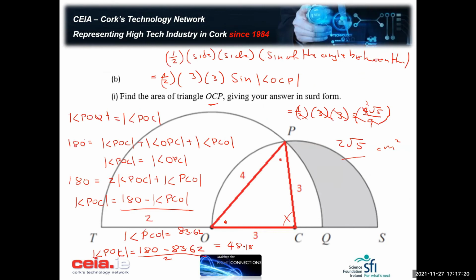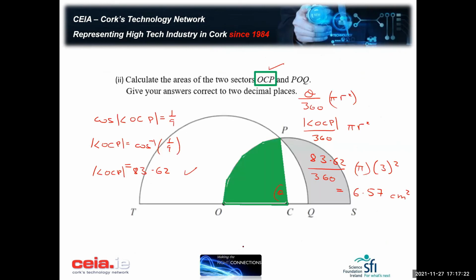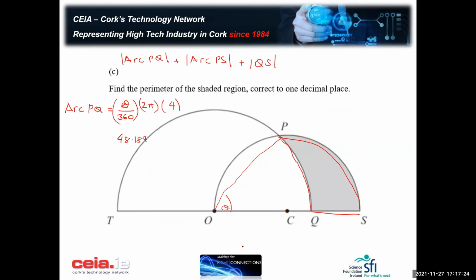All right, so if I go back here, 48.189 over 360, by 2 pi r, that equals 3.36 centimeters.